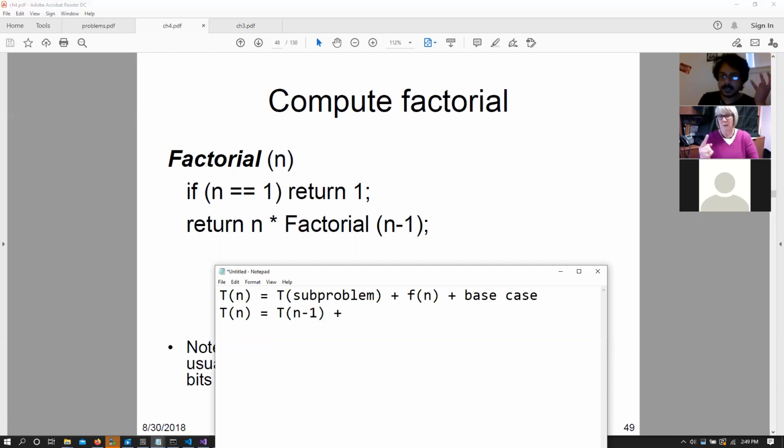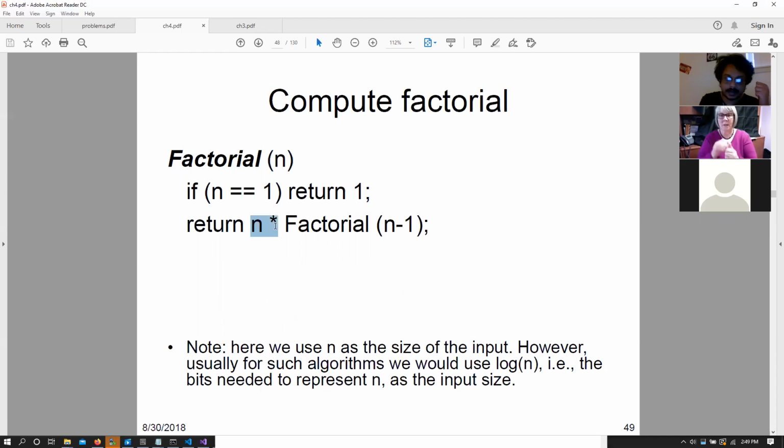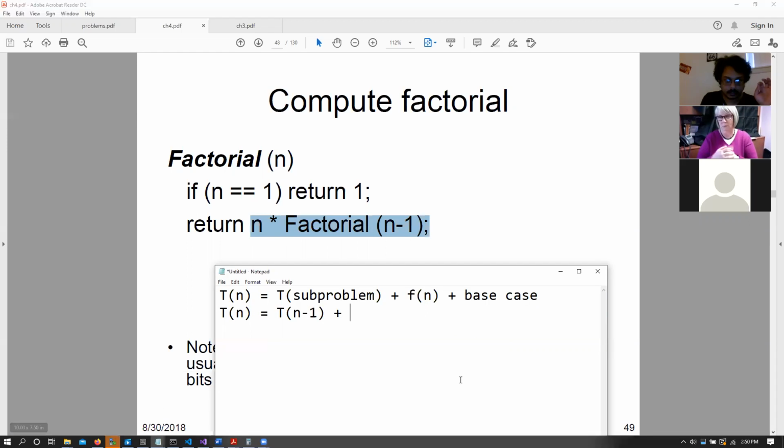Then we have the part where we are combining all the solutions. So when are we combining all our solutions? When we are doing n times whatever this factorial function returns. So this particular function without the recurrence is going to be a linear function, right? We are just multiplying something with some other thing. So this is a linear function. So we have f(n), or we can also say this is going to be Theta(1).